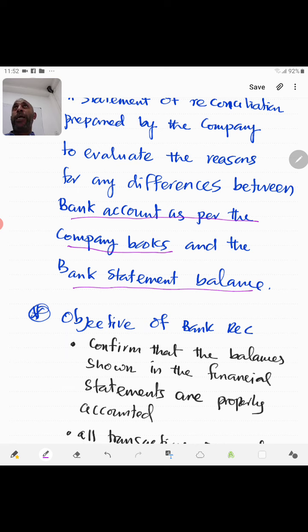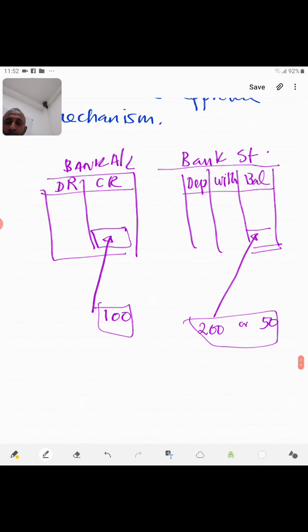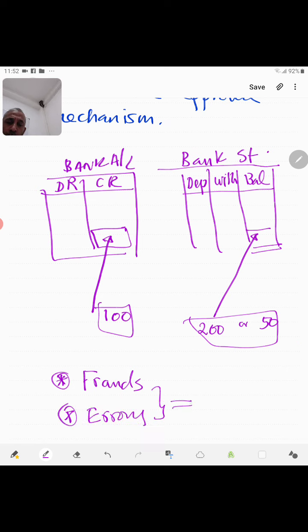Now, what is an audit? If an organization does not perform a bank reconciliation statement, one big danger is that there is a high potential of frauds, or there can be errors, both of which could lead to misinterpretation of the financial statement.